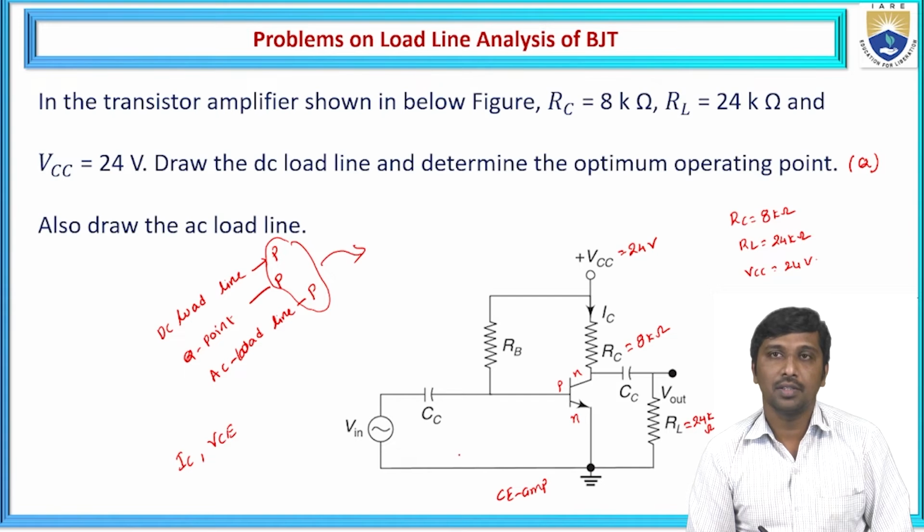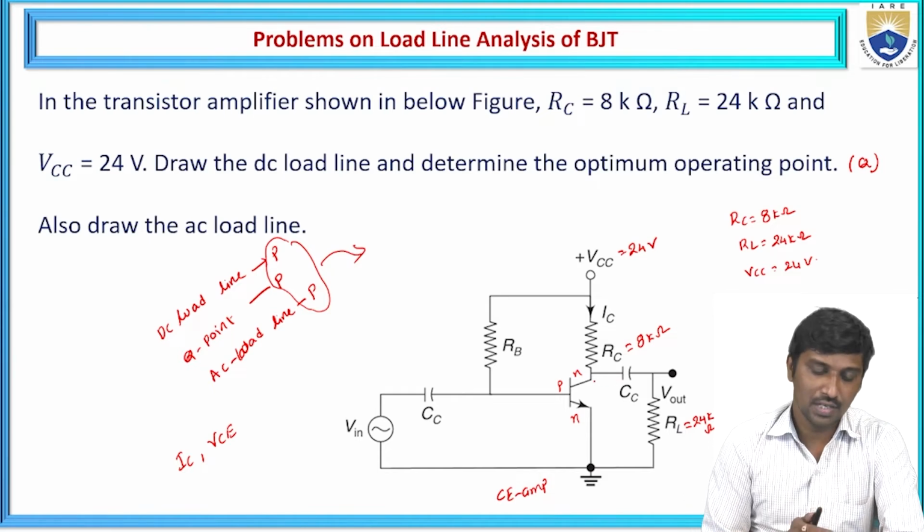Under the DC signal condition, the capacitor acts as an open circuit. Hence, the input source is removed from this network, and the load resistance is also removed from the output node. Hence, that is the equivalent circuit.